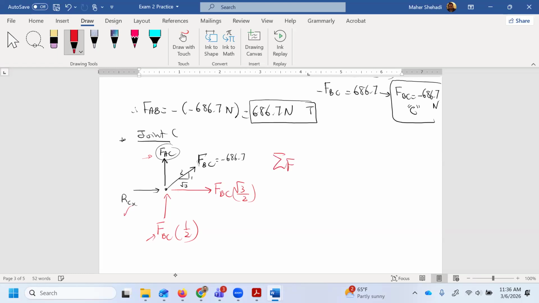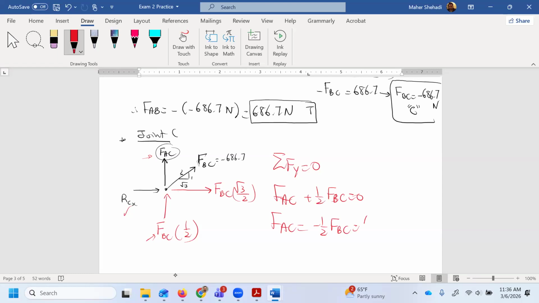So if you take now summation of forces in the Y equals 0, I have FAC moving up plus half FBC is equal to 0. Therefore, FAC is minus half FBC. So that's the minus minus.